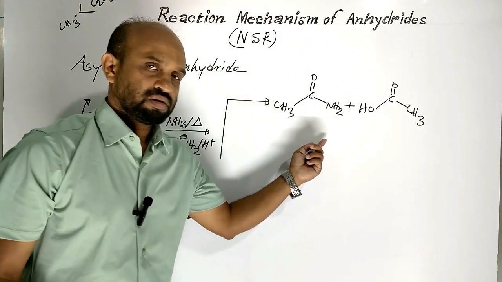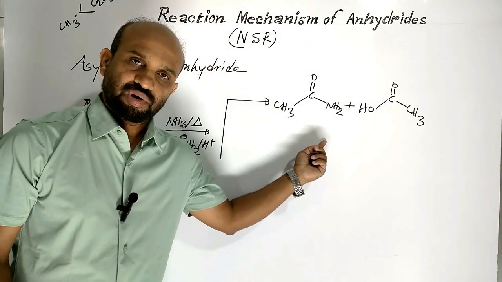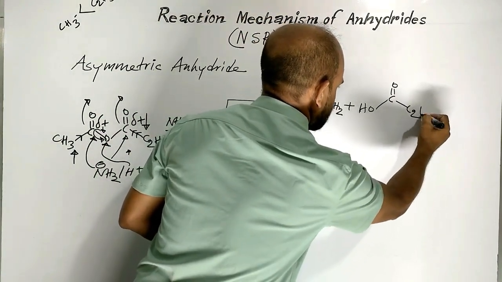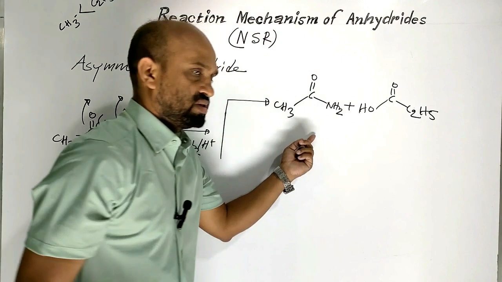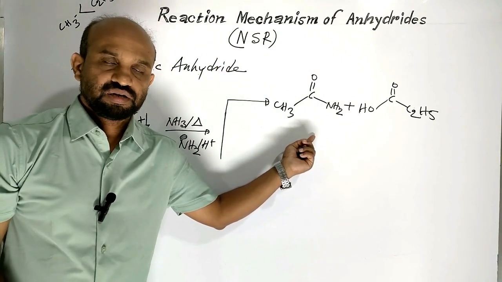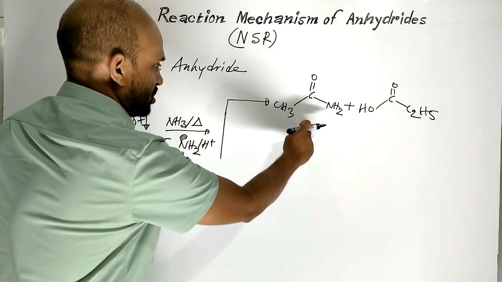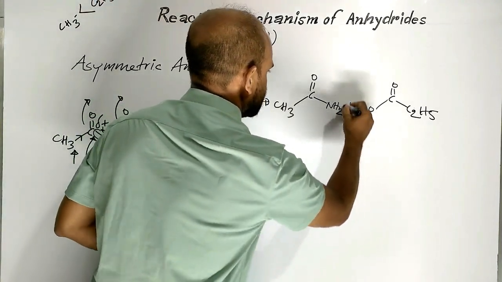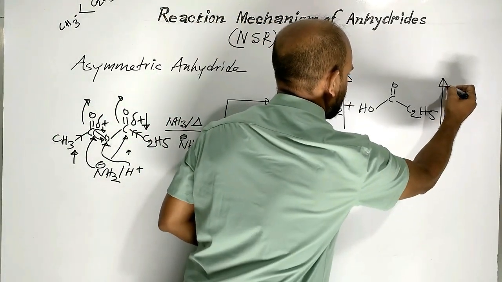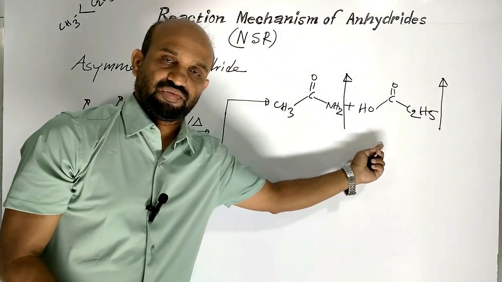That is, we got ethanamide, and this is ethanoic acid on a priority basis.